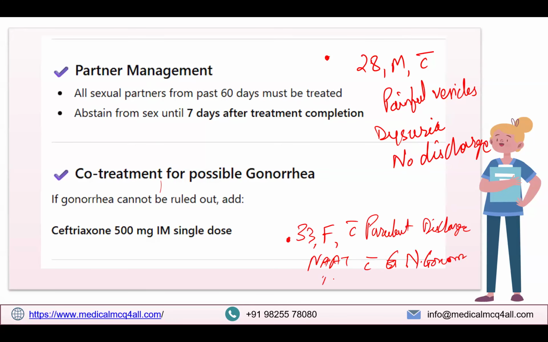Tell me the drug of choice. One dose of penicillin G intramuscular? We can continue with Neisseria gonorrhoeae, my dear. Ceftriaxone plus doxycycline. Yes, there will be ceftriaxone plus doxycycline.